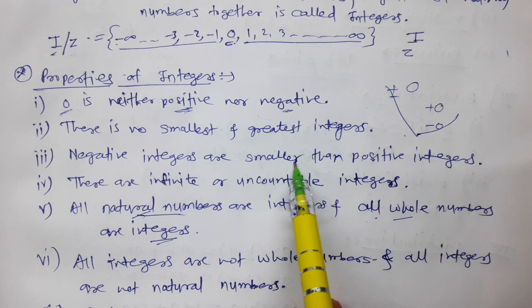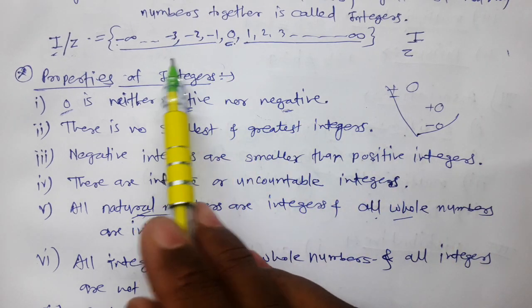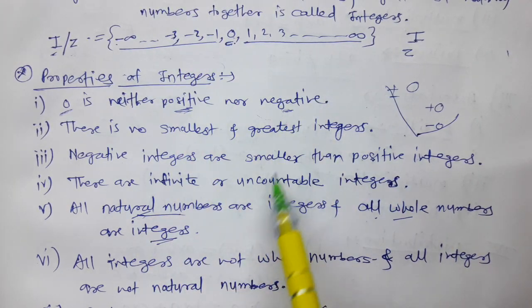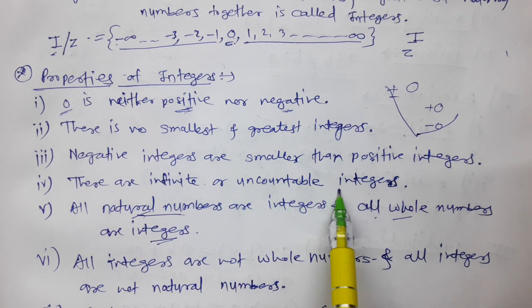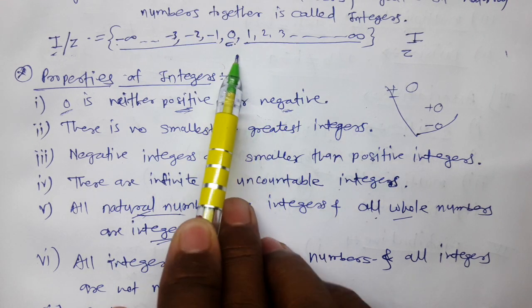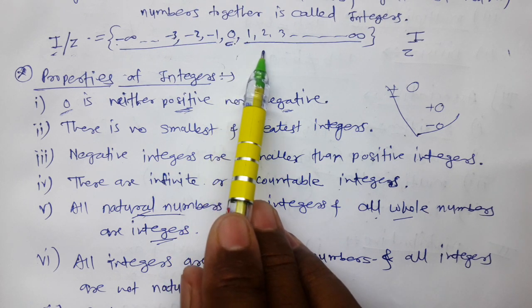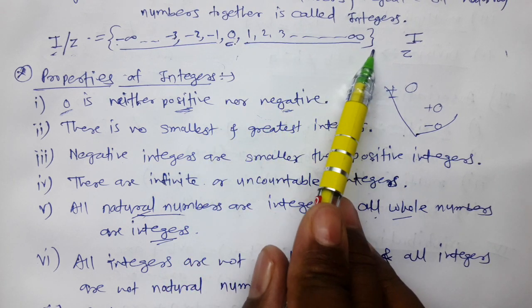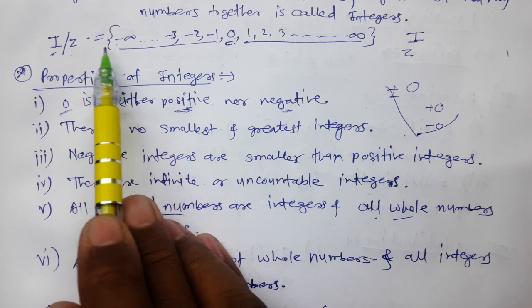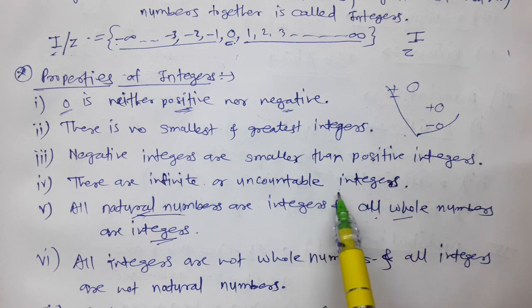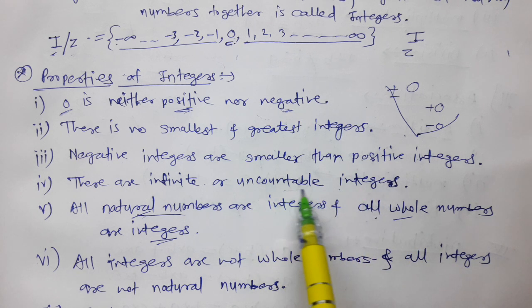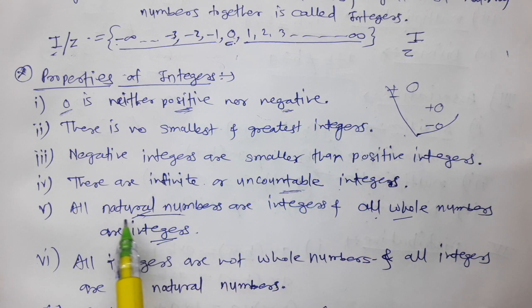Negative integers are always smaller than positive integers. There are infinite or uncountable integers. We cannot count integers on the positive side, and on the negative side also we cannot count them. So there are an infinite number of integers. We cannot count them, so they are uncountable.